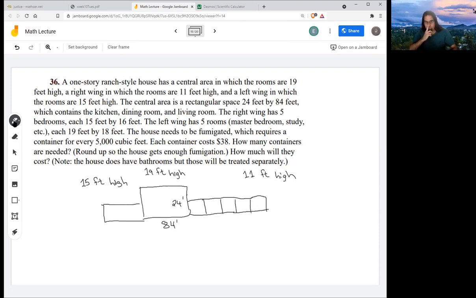So each one of those is 15 feet by 16 feet. And we have 5 of them. The left wing also has 5 rooms, but they're bigger, 19 by 18. Okay.